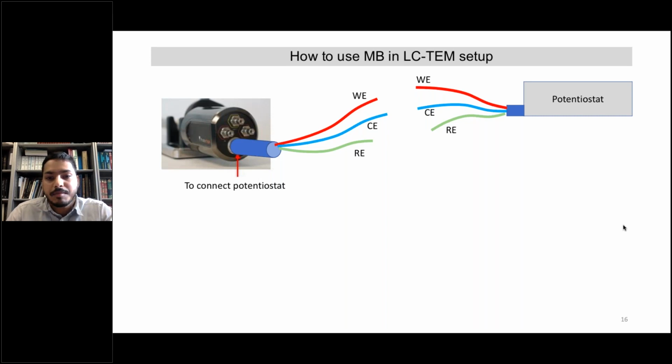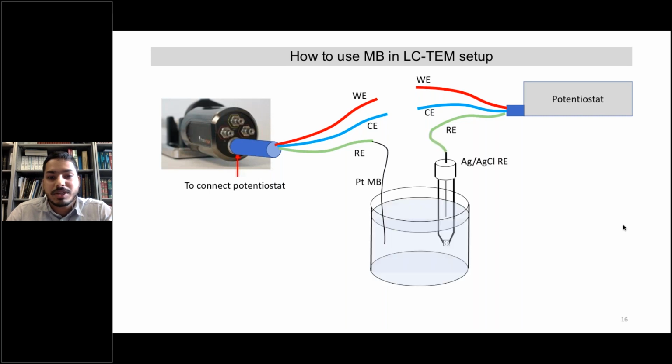But with our metal bridge setup, what you have is in between you have an additional beaker with our commercial reference electrode, and use another piece of platinum wire which will be connected to the reference electrode alligator coming out of the TEM holder, and put it in the beaker. So this is a simple experiment, and it is really effective.